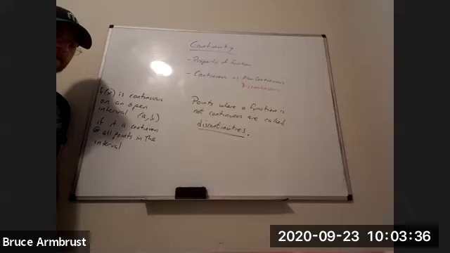Oh, sorry. I just had a question about the three rules. Does that mean that the function has to actually hit C, or can it still just be approaching C?